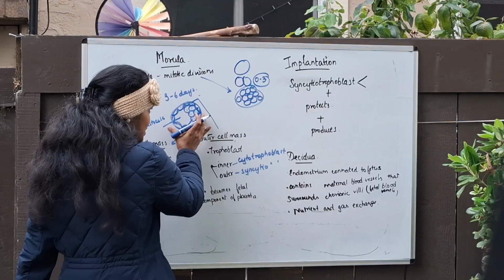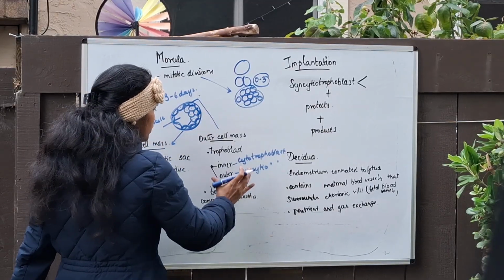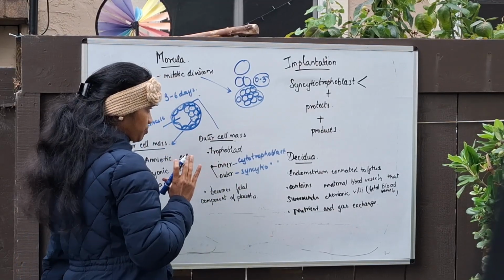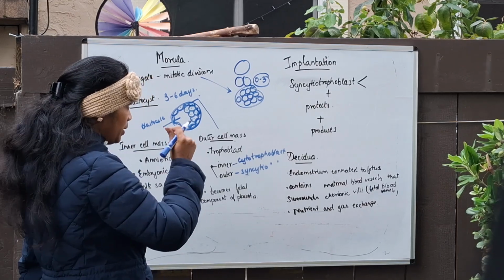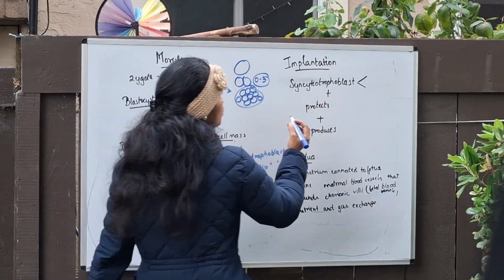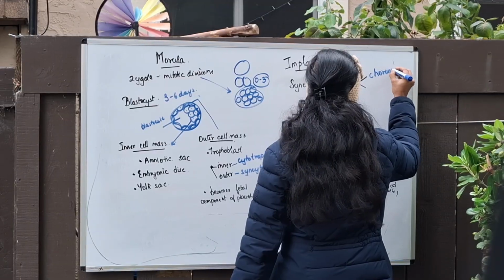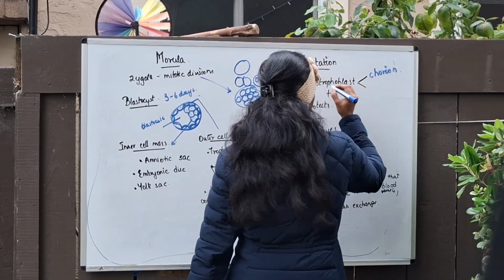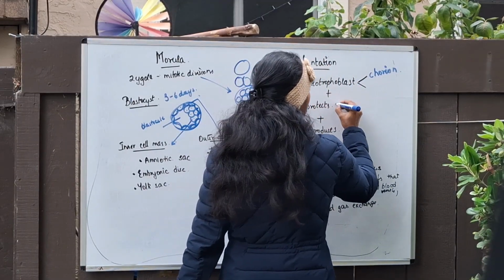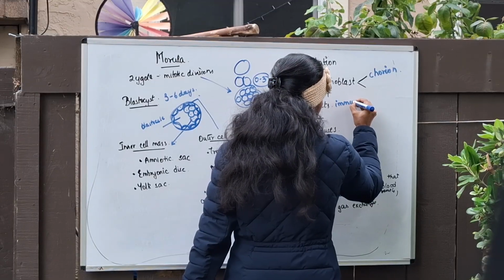This trophoblast will form the fetal component of the placenta. This will be giving rise to the chorion, and it protects the body from the maternal immune response.